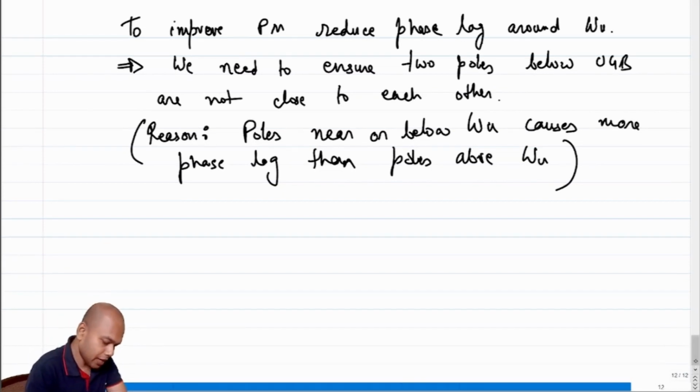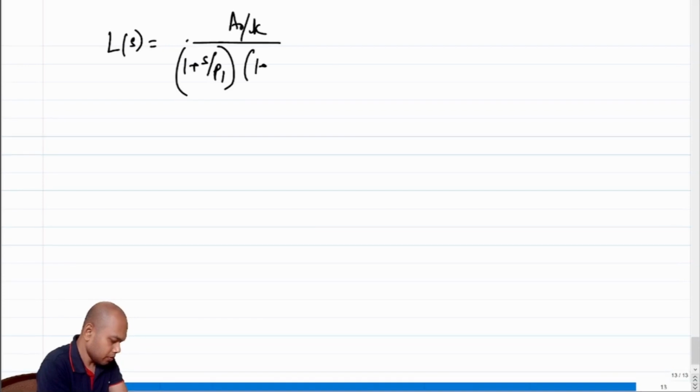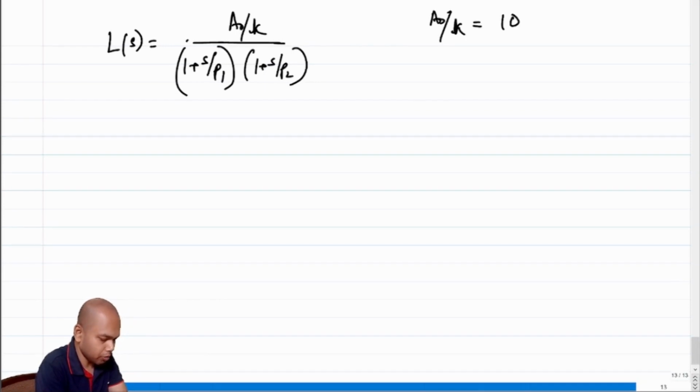Okay, fine. So if that is the case, let's say we are able to move, let's say L of S is A naught over K by 1 plus S by P1, 1 plus S by P2. And let's say now, A naught over K, gain we don't want to compromise. So gain is 100.